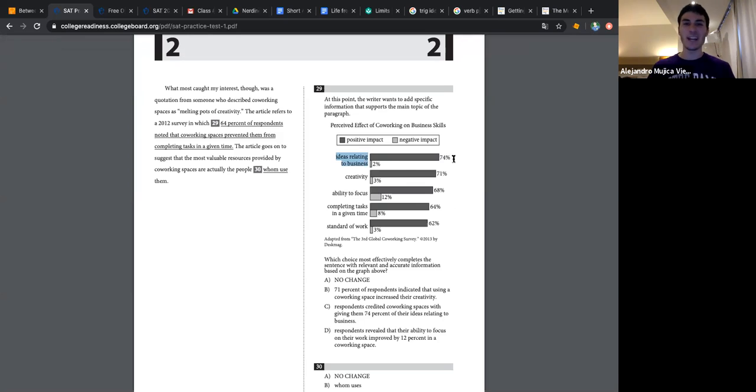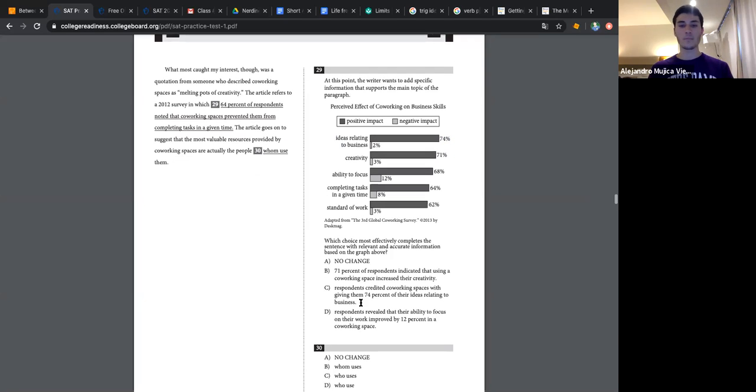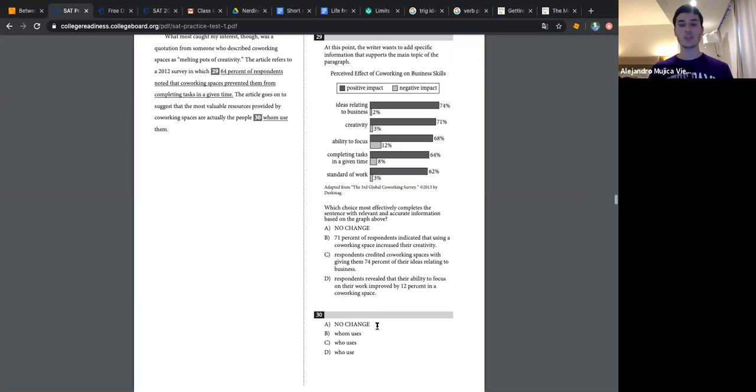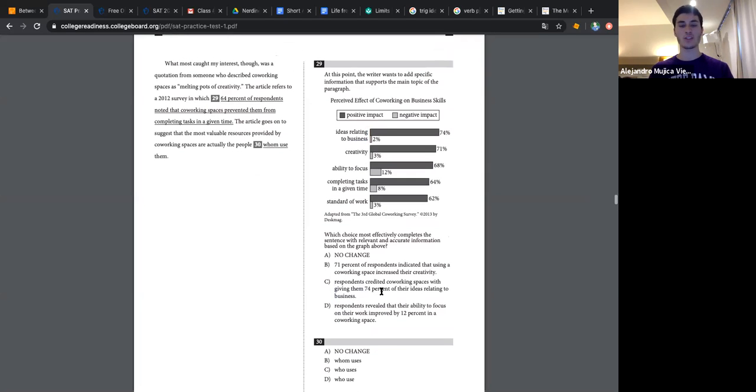You can't really credit the space with giving you the idea. Maybe they benefited your process. They helped you concentrate or something like that. But this is a misrepresentation of the data. It's not wrong, but it's misrepresented. They draw inaccurate conclusions from what is said in the data.